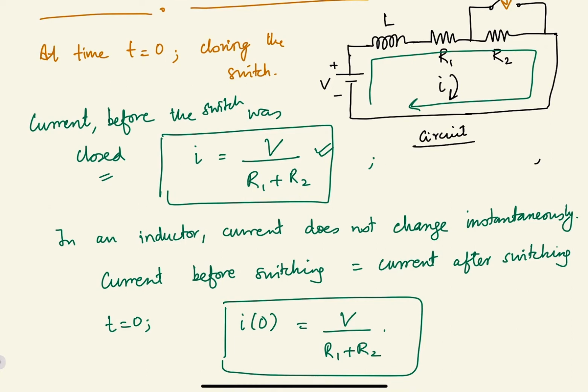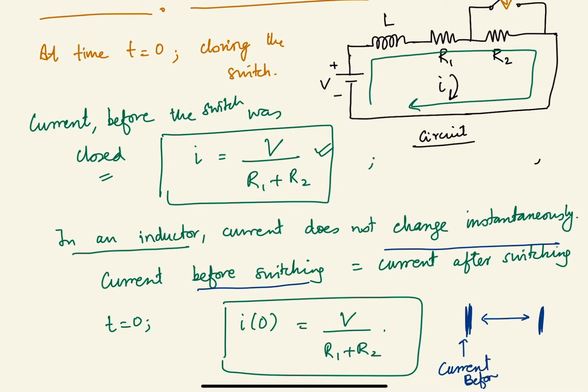Now we also recall from our earlier studies that in case of an inductor, the current does not change instantaneously, or in other words we can say that current before switching is equal to the current after switching if the time instant is very small. So if this is the current before switching, this is the switching instant, and this is the current after. If this is a very small interval, the current before and after switching will remain the same.